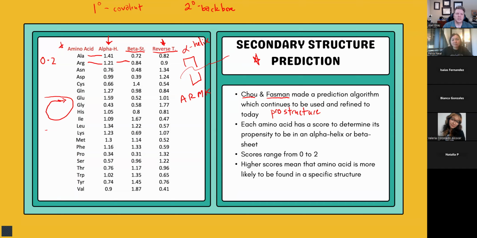Now, I'm not expecting you to memorize or know these particular scores, but I do want you to be able to look at this and say, oh, okay, that's what that means. I'm not going to be assessing whether or not you've memorized this. Instead, I want you to understand some general rules.